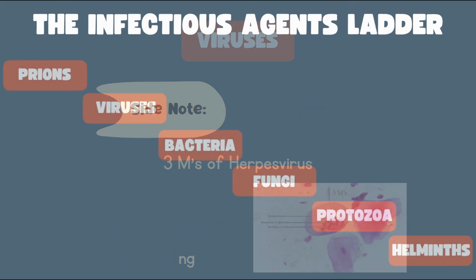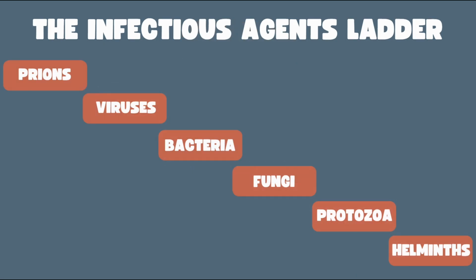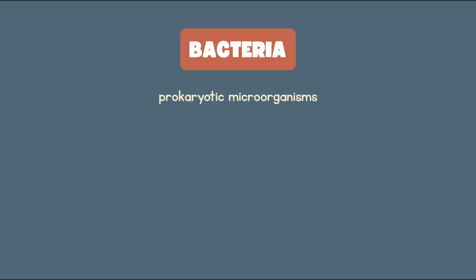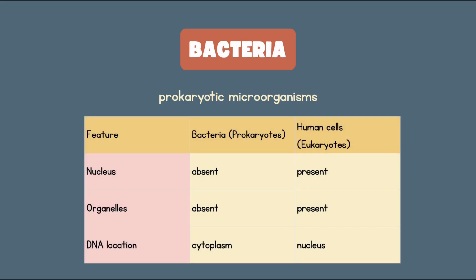Now that we're done with viruses, let's have a look at bacteria. Bacteria are prokaryotic microorganisms that can cause infections in humans. Just a quick review of the difference between prokaryotic and eukaryotic microorganisms. The most important difference is that the DNA for bacteria is found in the cytoplasm, whereas in eukaryotes it's contained in the nucleus.